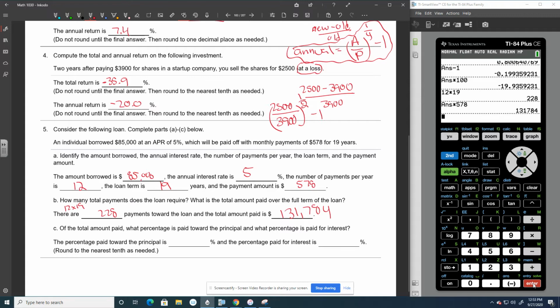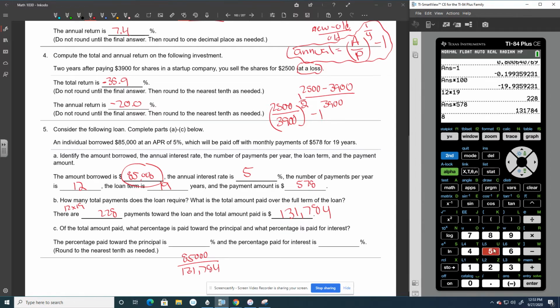Of that total amount, what percentage is paid towards the principal and what percentage is paid towards the interest? All right, well, the principal amount is $85,000. So that one's easy to find because I just take $85,000 divided by the total amount, because I want to know how much is the principal of the total.